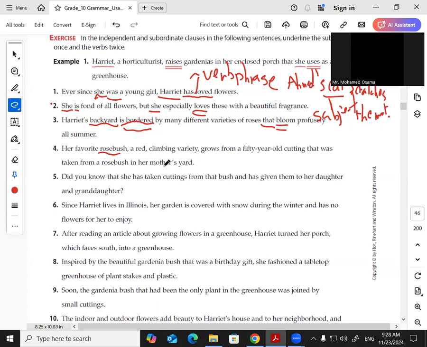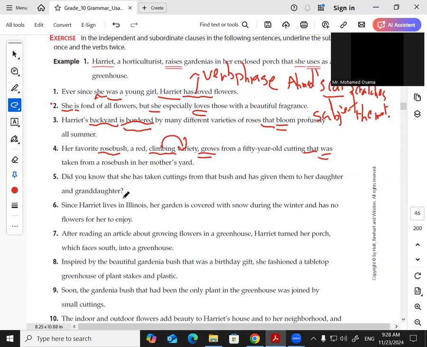So this one is not a verb; it is a participle modifying another word. The verb here is grows. And also here we have another subject, which is "that," and the verb is "was."